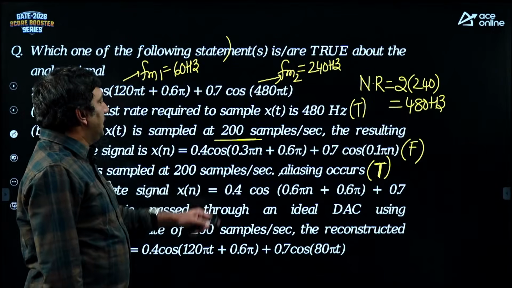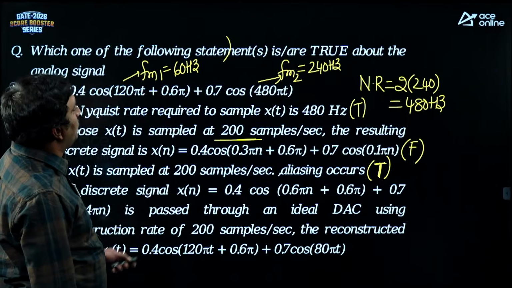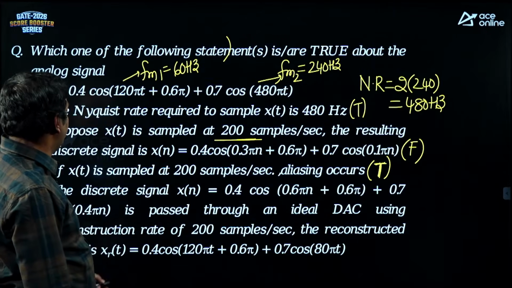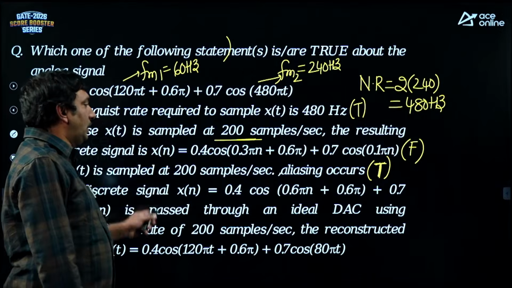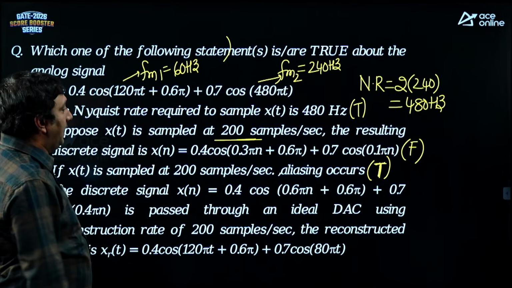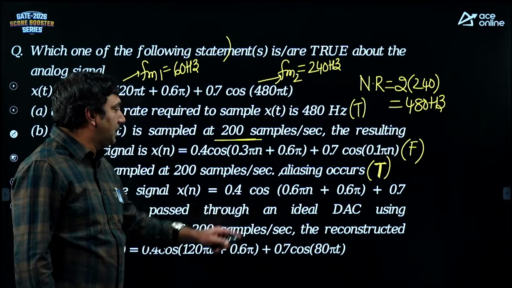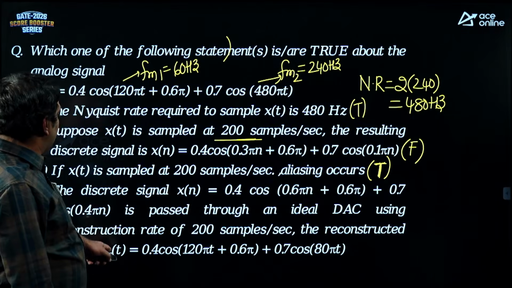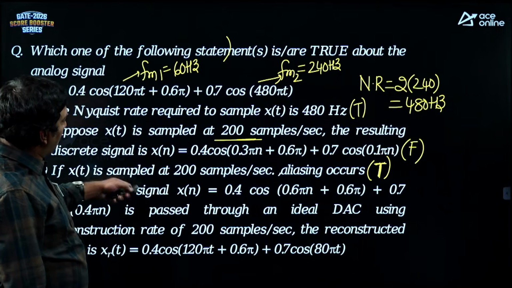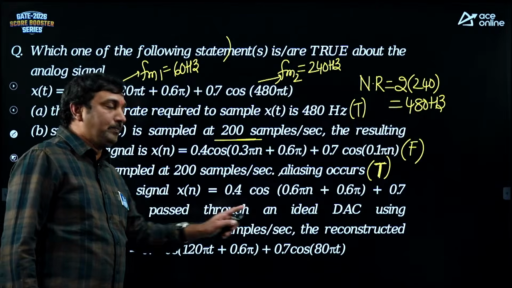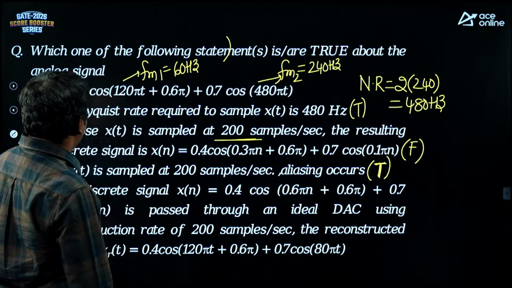The discrete signal x of n, which we obtained as the answer now, is passed through an ideal D to A converter, ideal low pass filter type, using a reconstruction rate of 200 samples per second. So from the discrete signal we want to get back the continuous signal. He has given this as the continuous signal expression. Is it true or not? Let us verify that.